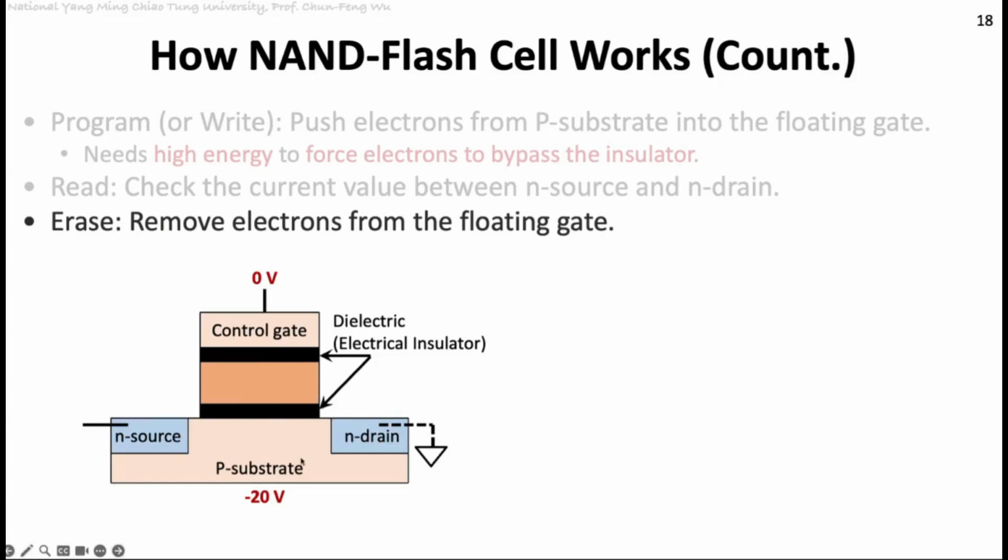Because when you apply a -20 volt on the P substrate, you are applying -20 volt on a block of memory cells, because they all share the same substrate. So all the memory cells in this block get -20 volt, and they will drag out all the electrons for all the memory cells sharing the same block. Okay.